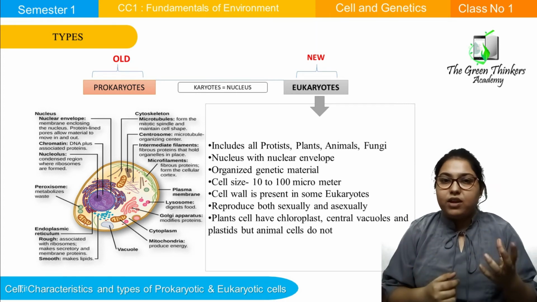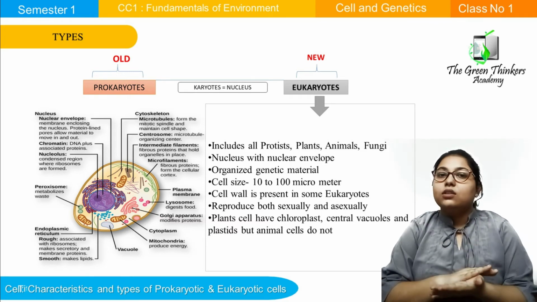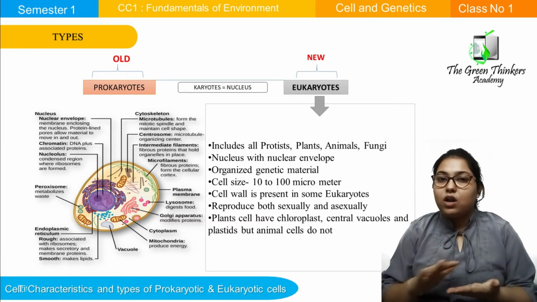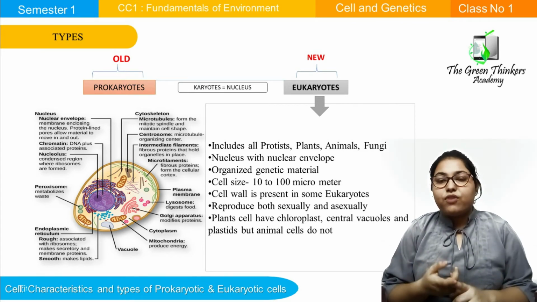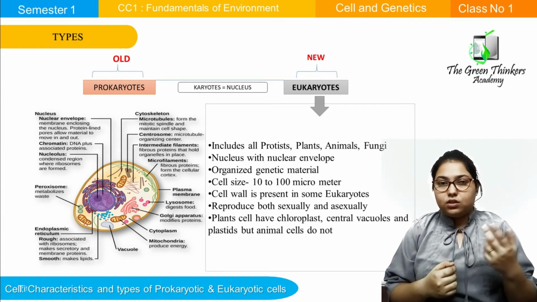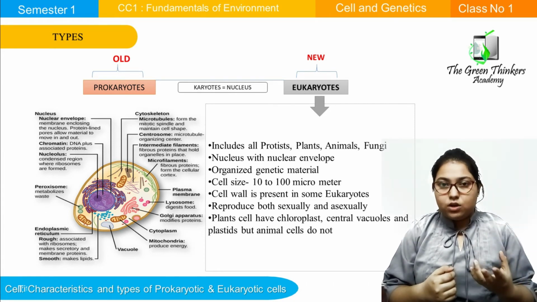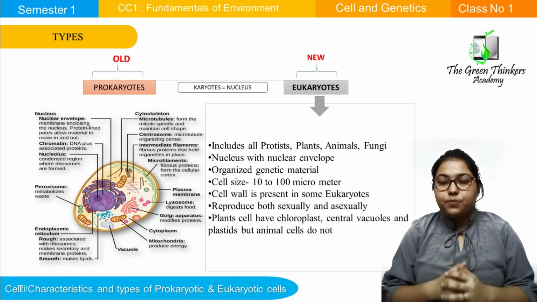So it is the rough endoplasmic reticulum. Where ribosomes are not present, the wall is smooth, and it is smooth endoplasmic reticulum. The function of the smooth one is to make lipids. The rough endoplasmic reticulum is associated with protein synthesis since it contains ribosomes.